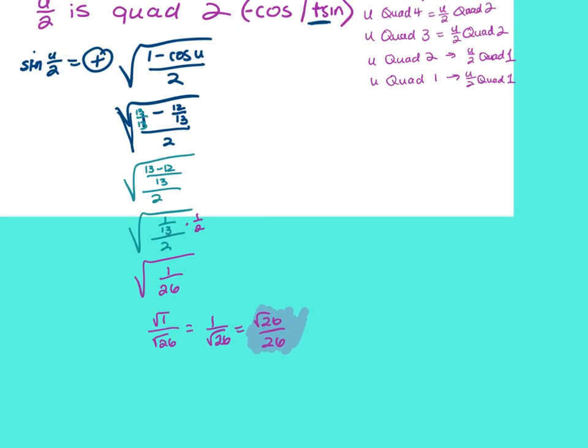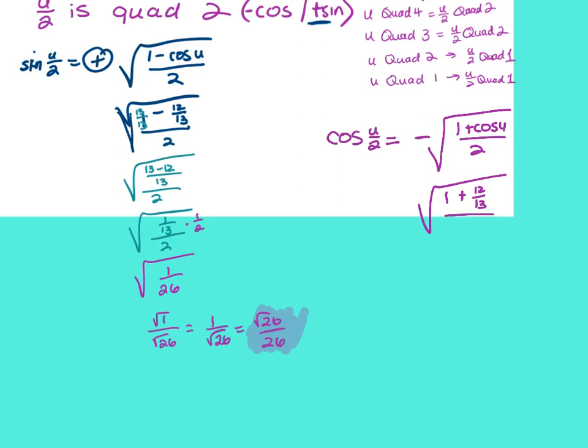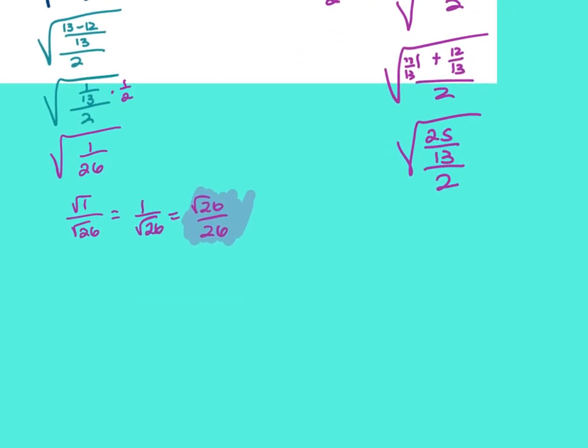Now I repeat that whole process for cosine, but we said cosine in the second quadrant is going to be negative. So I put a negative in the front. Square root of (1 plus cosine of U) over 2. 1 plus 12 over 13, over 2. 13 over 13 plus 12 over 13. 25 over 13 over 2. Keep change flip.